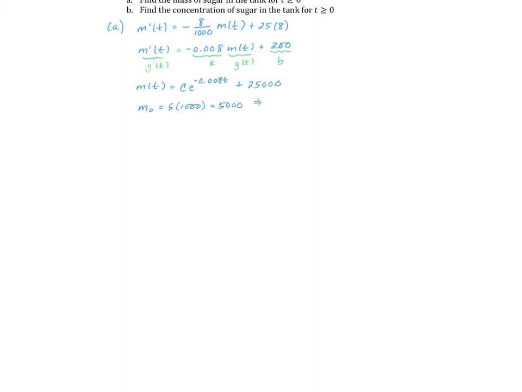Well, when we solve for our constant c, we'll have 5,000 is equal to c plus 25,000, which means the c is negative 20,000.